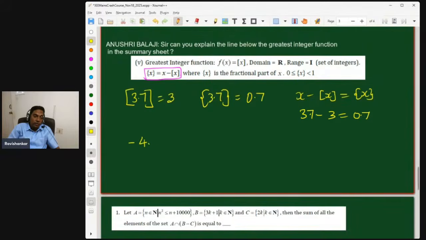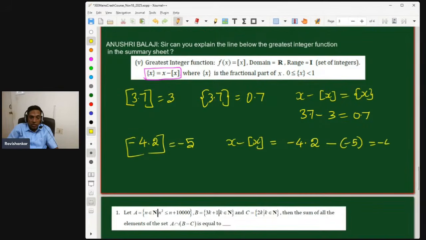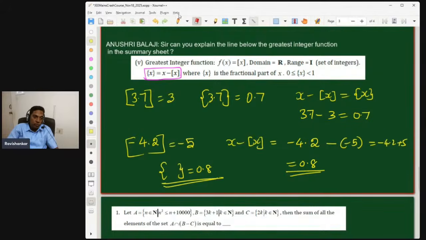So if you take minus 4.2, greatest integer is minus 5. Okay. x minus greatest integer x is minus 4.2 minus 5, that is minus 4.2 plus 5, which is 0.8. So the fractional part of minus 4.2 is 0.8.